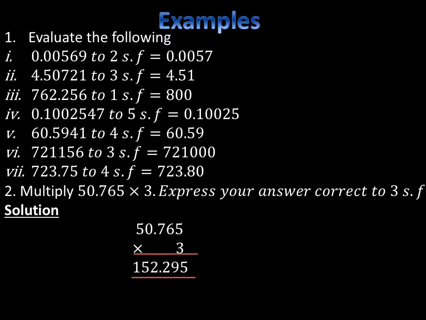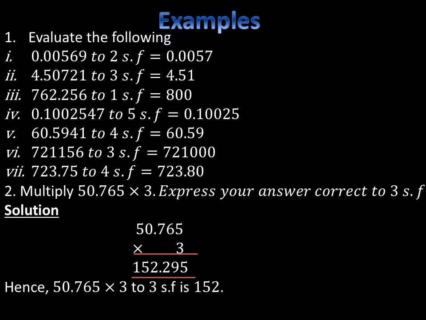Here our first digit is 1, our second digit is 5, our third digit is 2, and our fourth digit after the decimal point is 2. Here 2 cannot be rounded off to 1 because 2 is not up to 5. So we round it down to 0 and we have no number at all after the decimal point, leaving us with the answer 152.